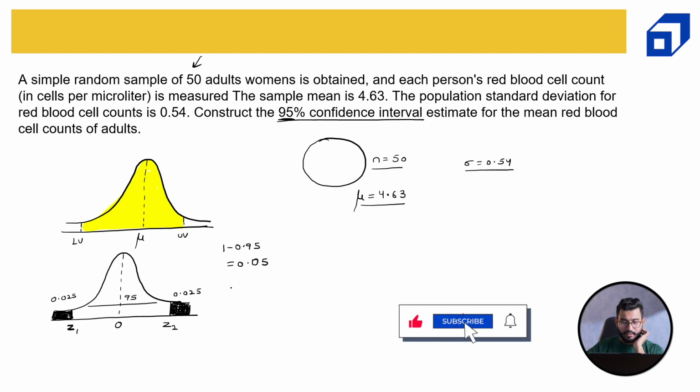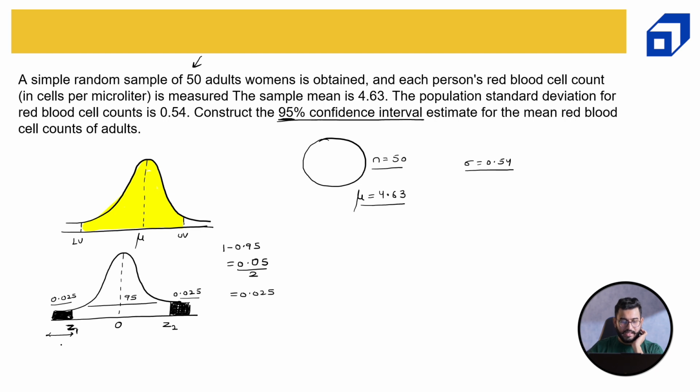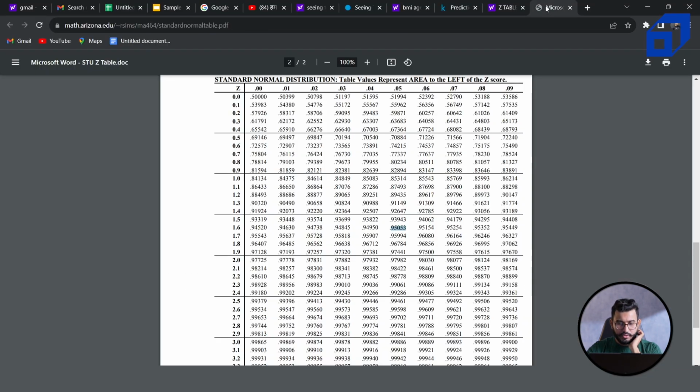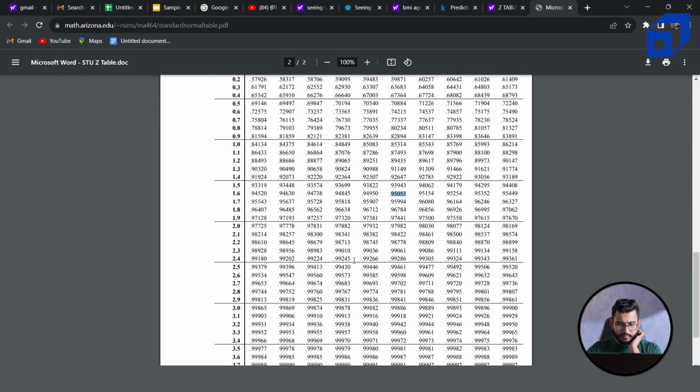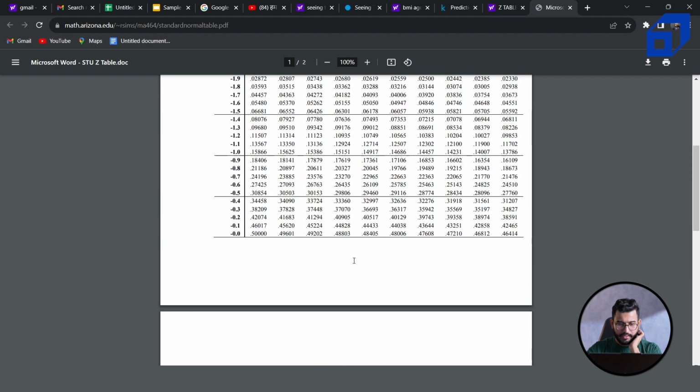Since I have two shaded regions, I divide by 2, so I'm left with 0.025. Half is over here and half is over here. Now I have to find the z value over here, where the area under the curve is 0.025. Let's quickly use our z table. So 0.025, I have to go on the negative scale.